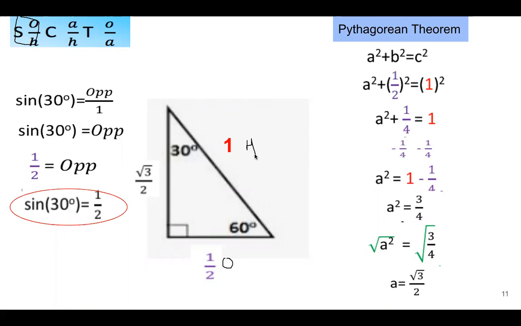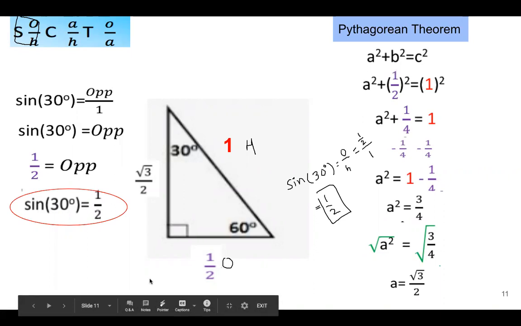So sine of 30 is equal to opposite over hypotenuse, right? My opposite is equal to 1/2, and my hypotenuse was equal to 1. But remember, y'all, anything divided by 1 is just the number itself. So this is simply equal to 1/2. So sine of 30, everyone, is 1/2. That's where I got this part.